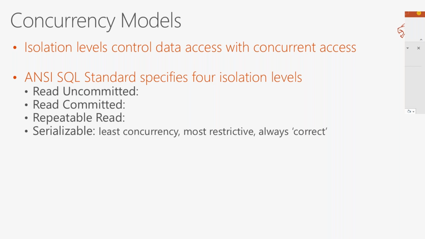So for example, with the bank account that I was giving, I went and started my deposit, and I typed the wrong number. If somebody else, like a bank officer, was running a query about my balance under read uncommitted, that officer will see the transient data that is not yet committed, right? So that is the least secure or least consistent isolation level, right?